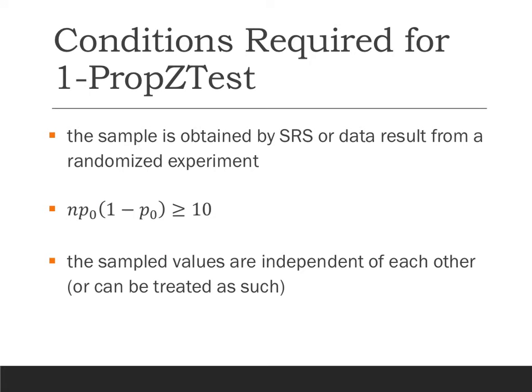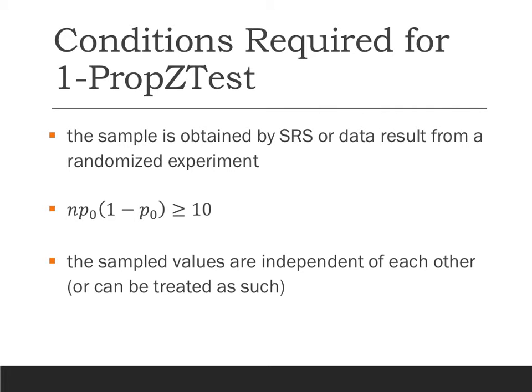Now, here's the thing. We have to make sure that we meet certain requirements before we can use the one prop z test. There were a couple of homework assignments, and I believe I've removed them now, where these were not met, and we had to use binomial probability, which we did not cover. That was section 6.2. We did not go over section 6.2, so I've tried to remove all of those.